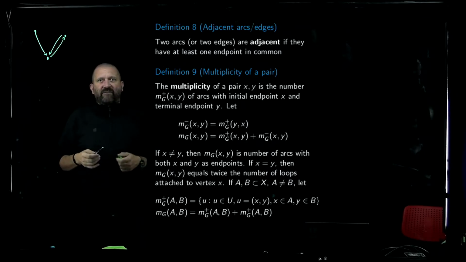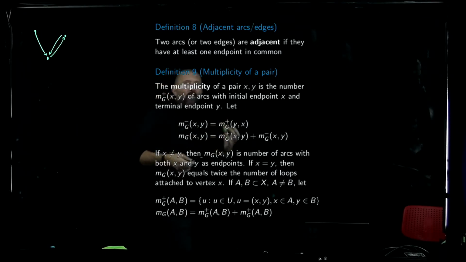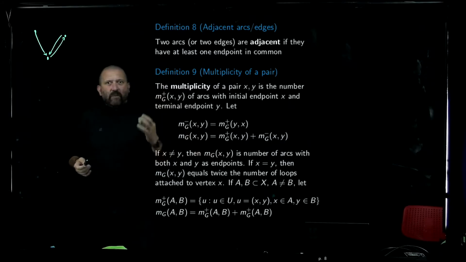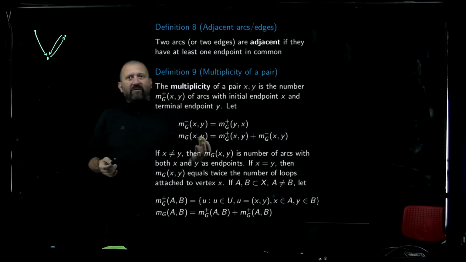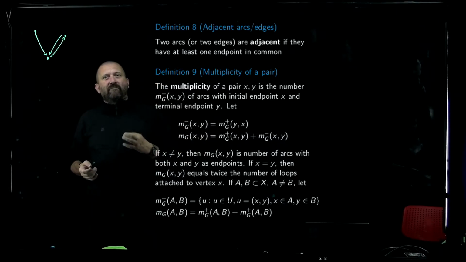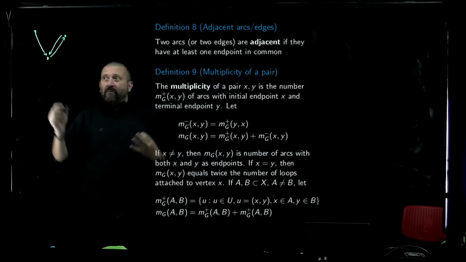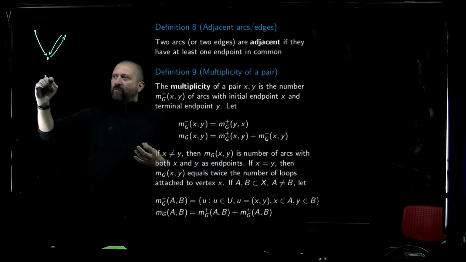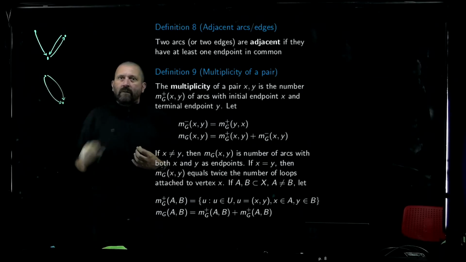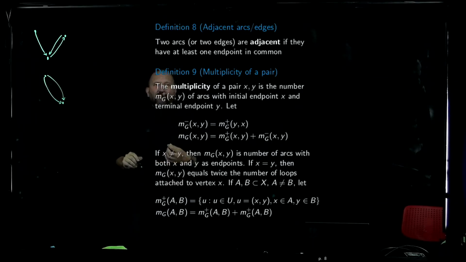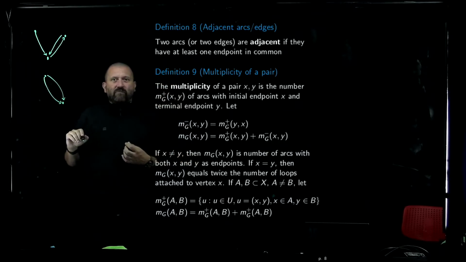Okay? The multiplicity of a pair is the number of arcs with initial endpoint x and terminal endpoint y. So this, remember, is exactly what we saw before. This pair xy would have multiplicity 2, okay?